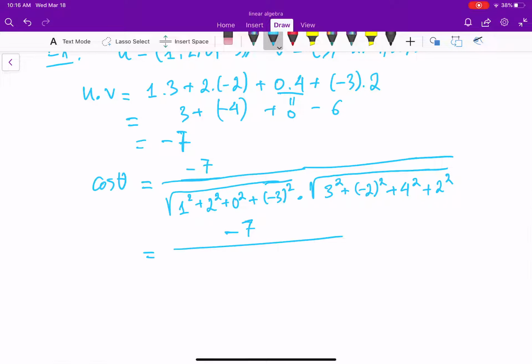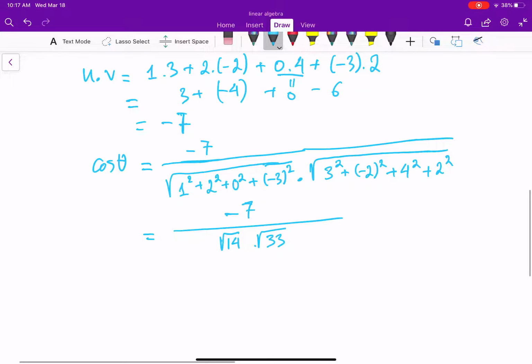And here square root, let's say 9 plus 1 is 10, 10 plus 4 is 14 for the first one, and the second one is 9, 9 with 4 is 13, 13 with 20 is 33. So that is the cosine of theta.